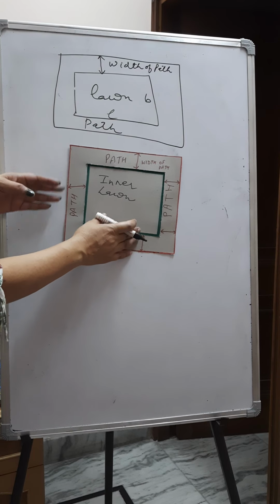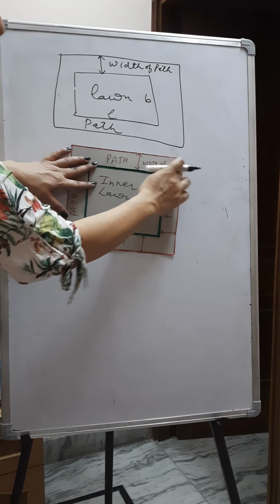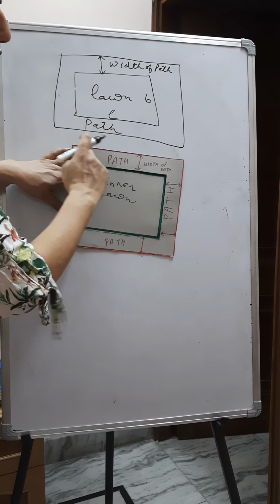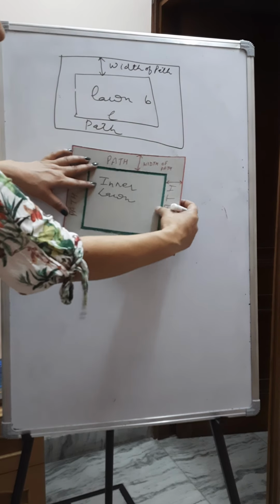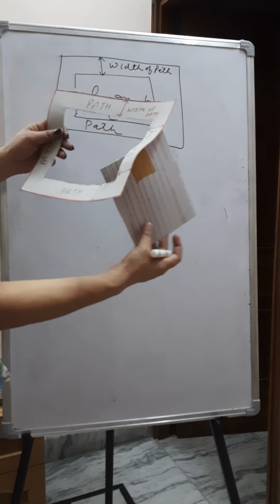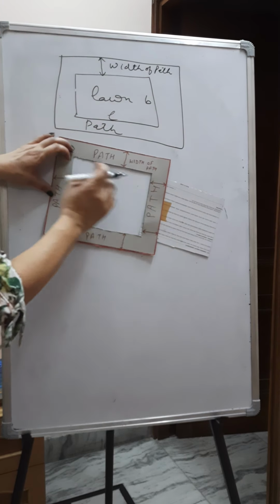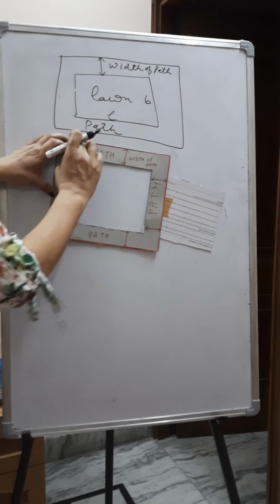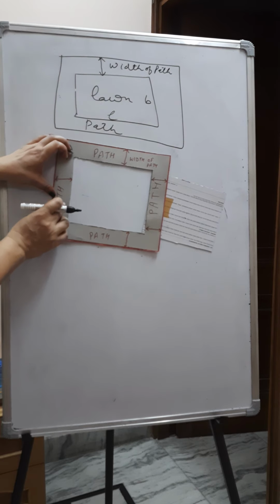For the area of the path, from the outer red rectangle, if we eliminate the green rectangle, we will get the path. Followed?